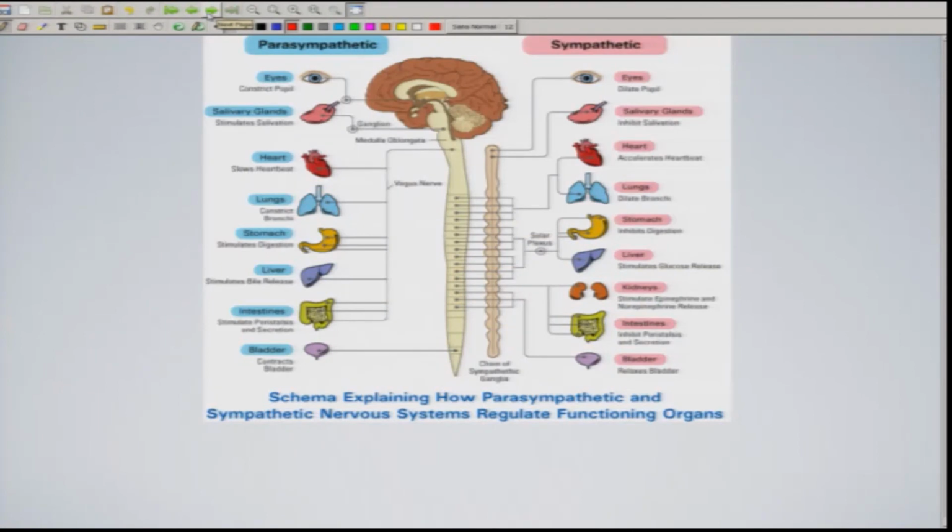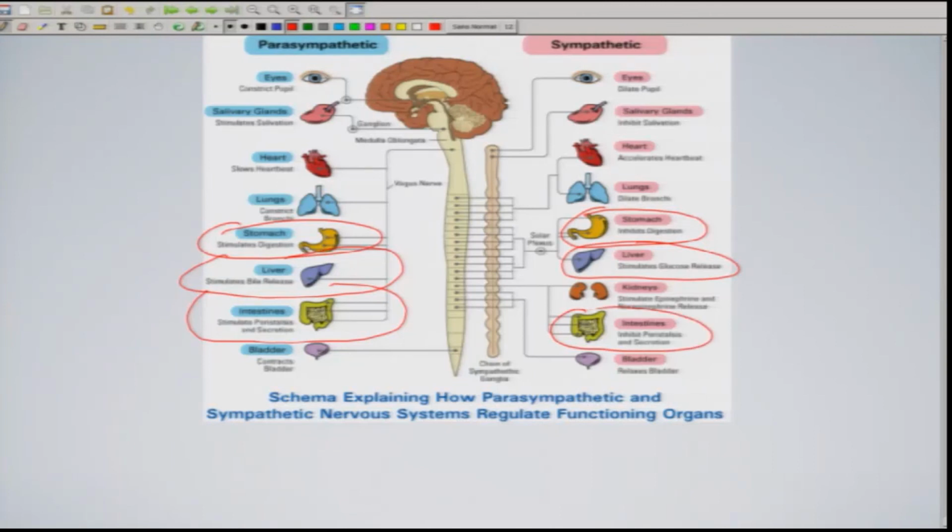The reason to introduce it is that the parasympathetic and sympathetic systems are involved in stimulating glucose release. Now look here, inhibits digestion, stimulates digestion. There are opposite actions. Parasympathetic and sympathetic have opposite actions. In order to show this, I left that part of the nervous system to bring it here. Intestine, which stimulates peristalsis. Similarly, here the intestine inhibits peristalsis and secretion.